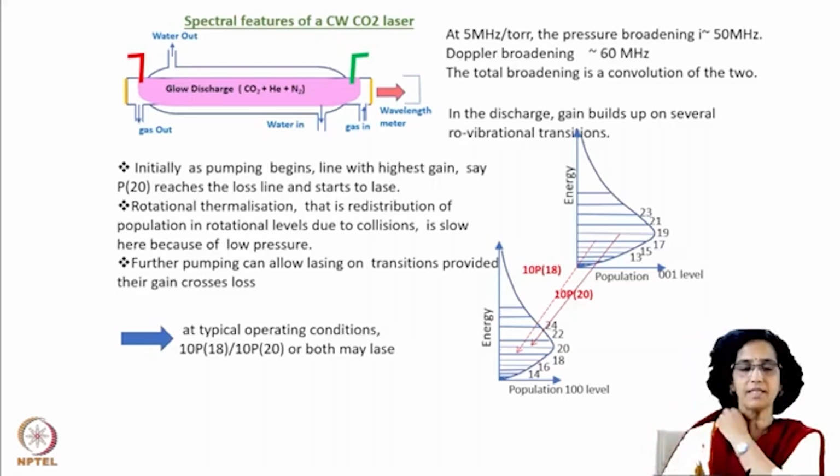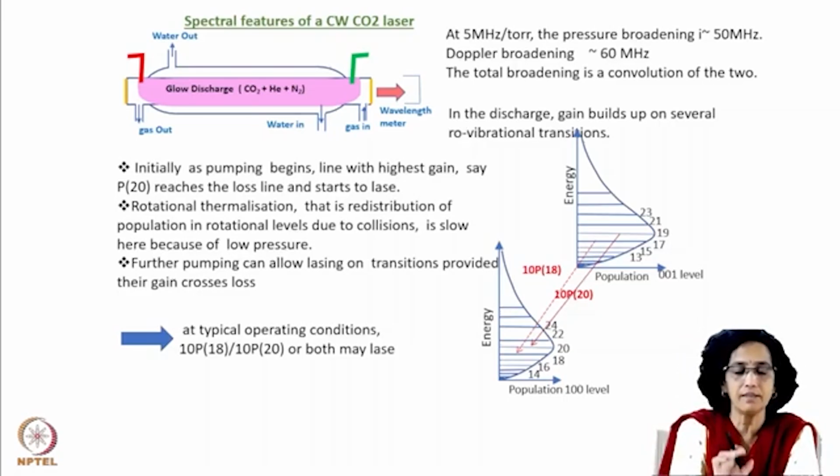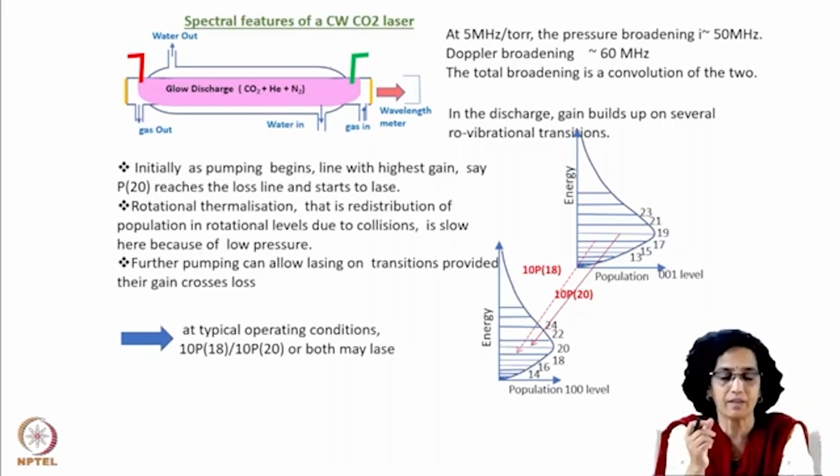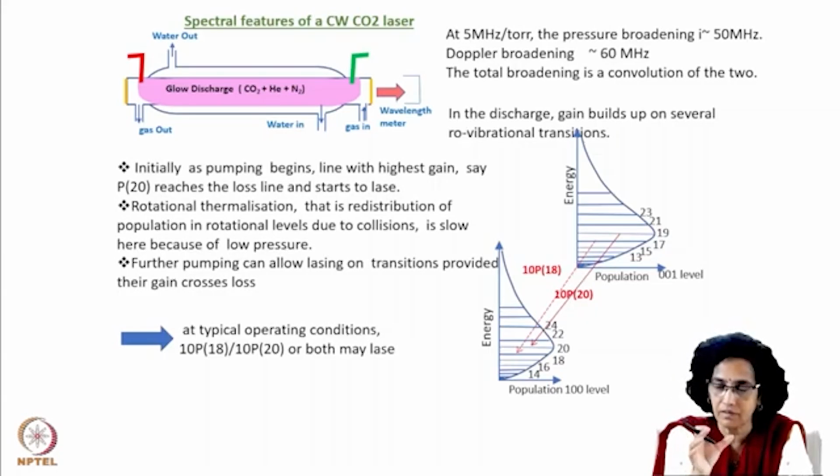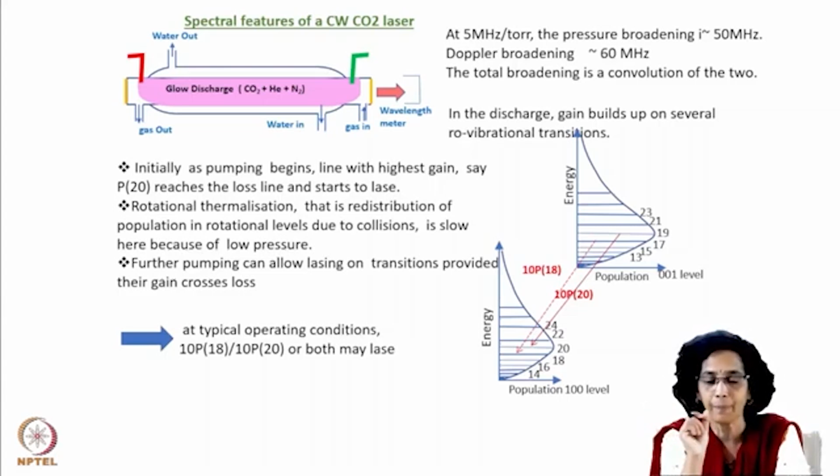So now let us first consider what we expect when we have a CW CO2 laser which operates at low pressure, say for example at 10 torr. At that typical gas pressure, like we say 1:1:4 or 1:1:5, where 1 and 5 are CO2, nitrogen and helium respectively.